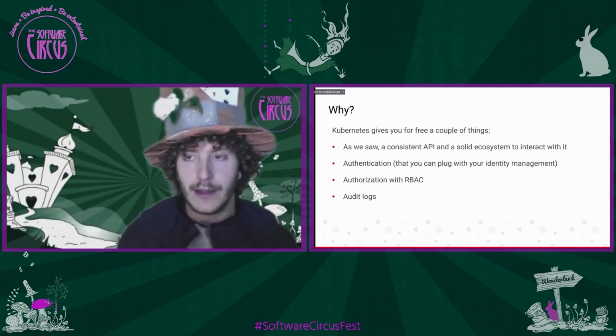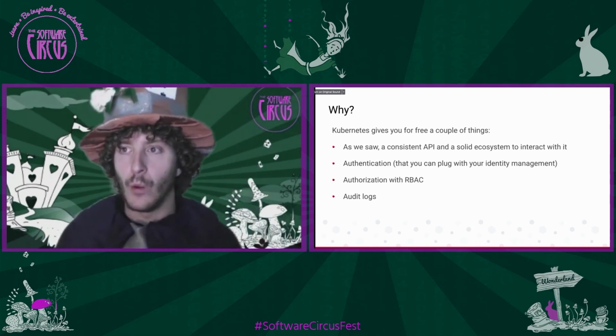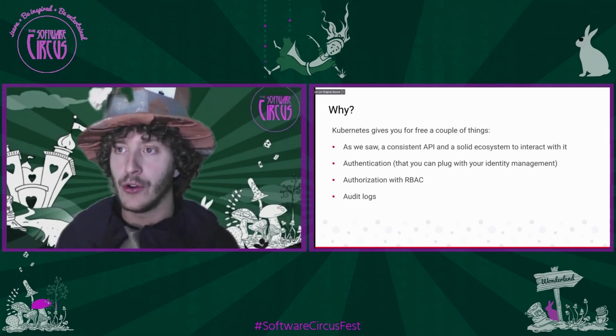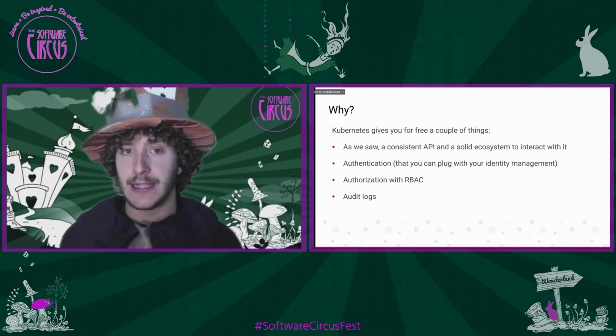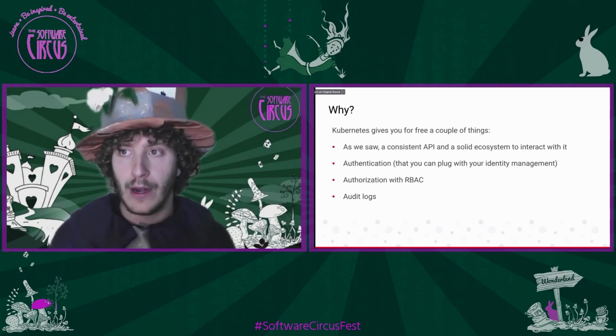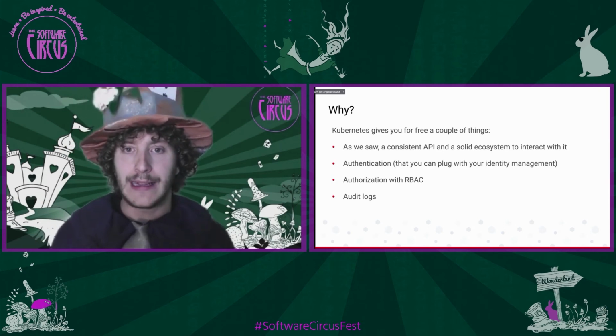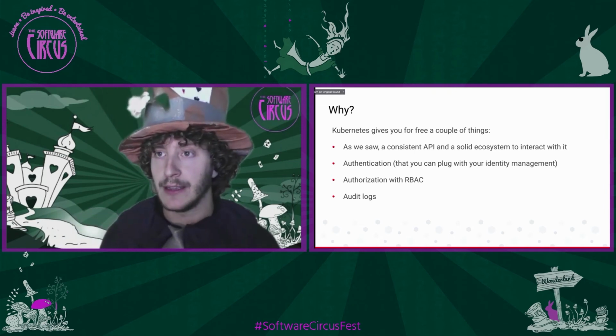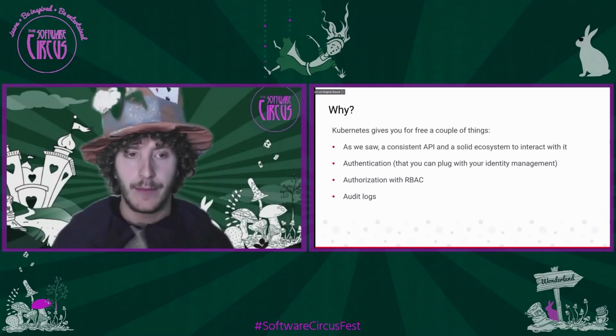And if you use Kubernetes as the way to interact with your infrastructure, you get a lot of stuff for free. Some of them we already spoke about. You get a consistent API and a solid ecosystem to interact with those APIs: client-go, and all the other Kubernetes tooling.